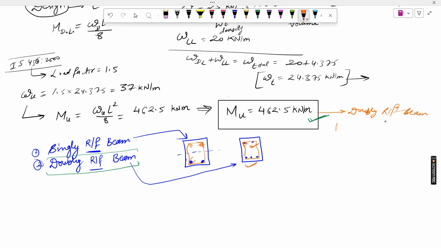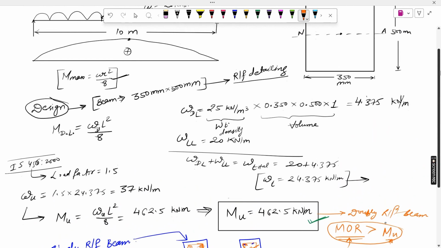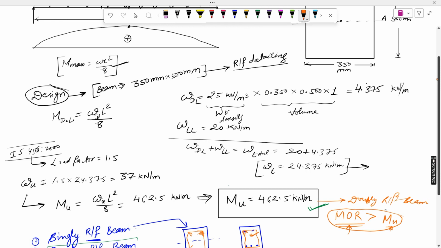The moment carrying capacity, the MOR, moment of resistance, should be more than the applied moment, then our member or beam will be safe. We take the member's capacity like that, and we have the section, 350 by 500.